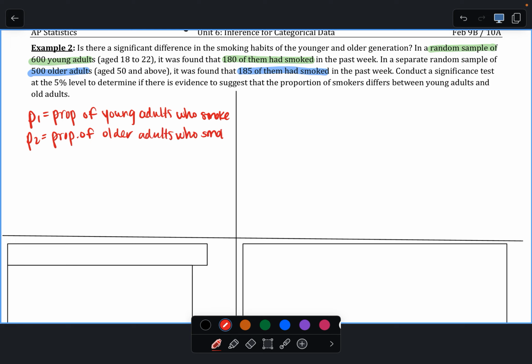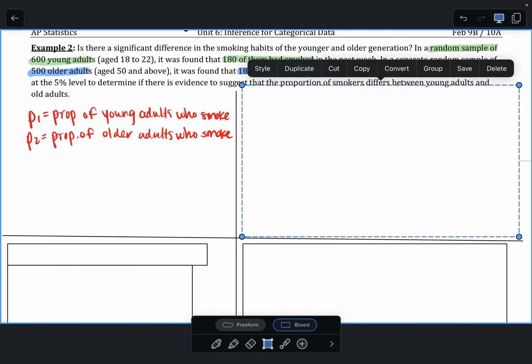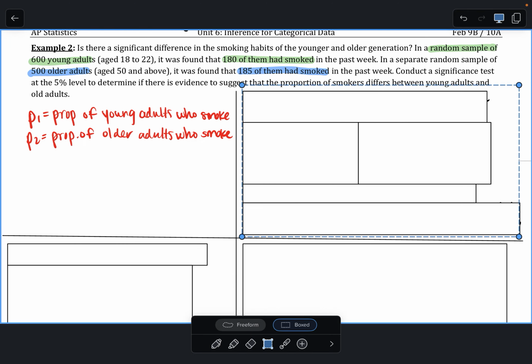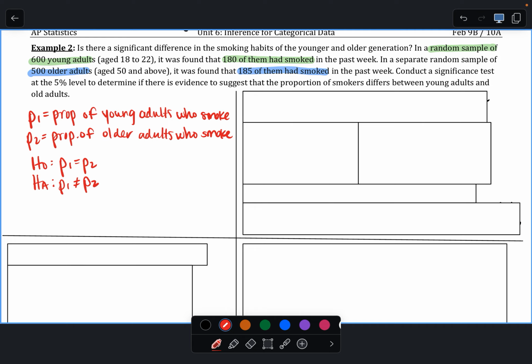Now, you do have to write two hypotheses. In these cases, it's always going to be the same null. If you have two samples, it's going to be P1 is equal to P2 every single time. So my null is P1 is equal to P2. My alternative is going to be P1 is not equal to P2.